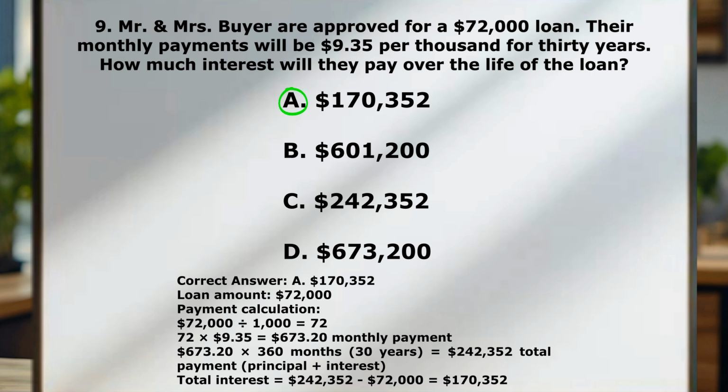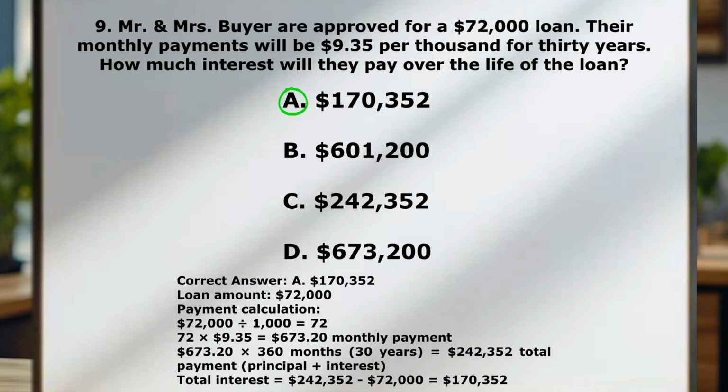$170,352. I'll just walk you through the math here, right? So your loan amount is $72,000. You divide that by $1,000, right? And you get 72. You take the 72 times the $9.35 per thousand for 30 years. You take that 72, multiply that by the $9.35, which gives you a $673.20 monthly payment.